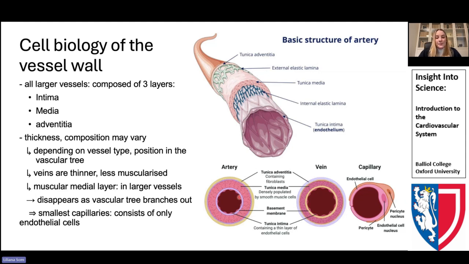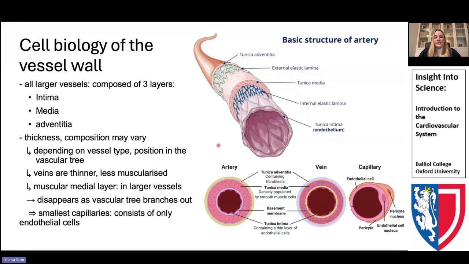The intima is the innermost layer, usually a layer of endothelial cells. Then you've got a basement membrane that separates them from the media, which in arteries is mostly very muscular, full of smooth muscle cells and some connective tissue. But in a vein, that layer is, as you can see, a bit thinner and less muscular. And the outer layer is called the adventitia.